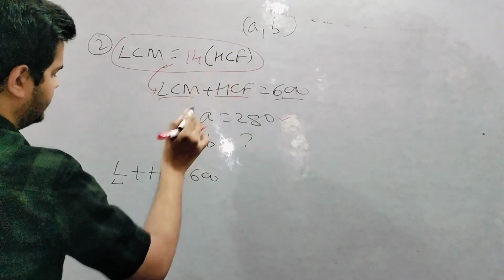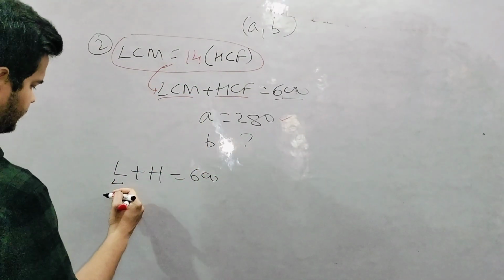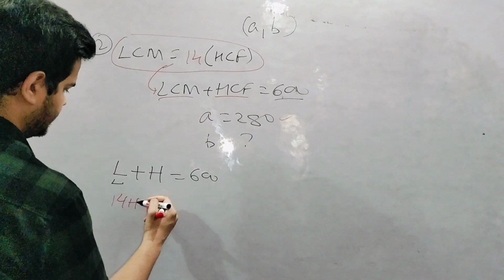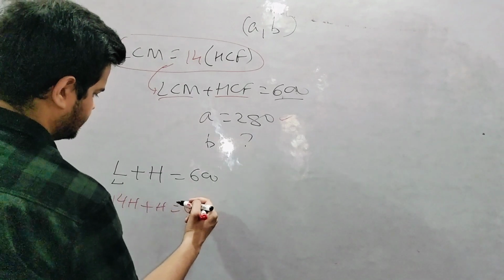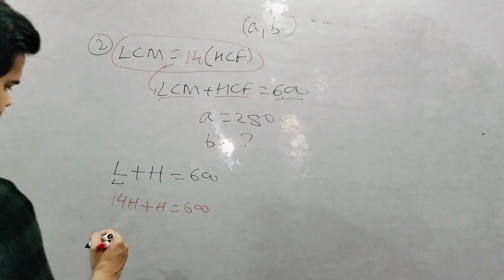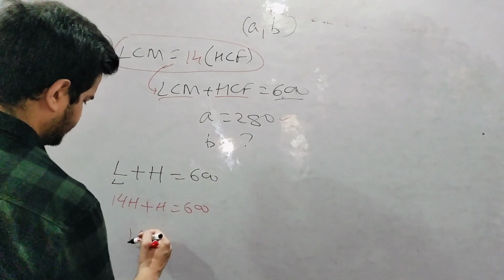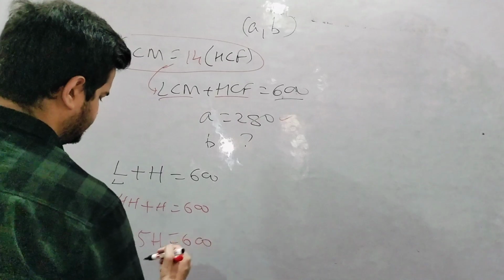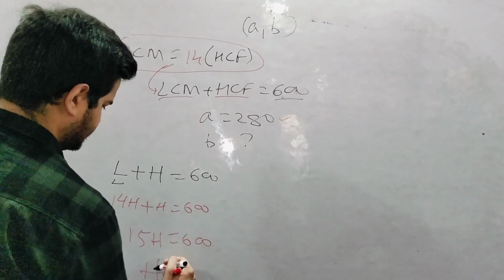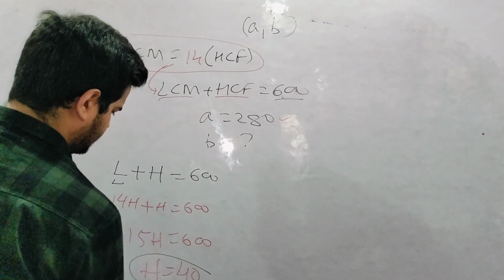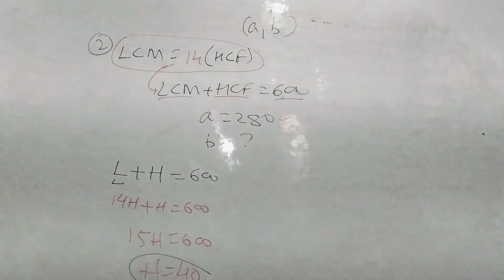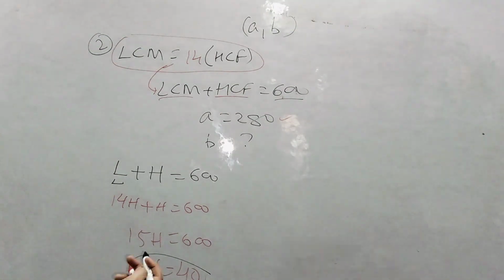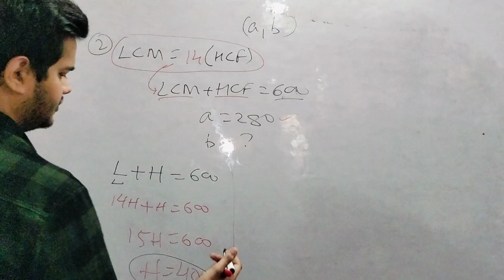It is 14 HCF, so this becomes 14 HCF plus HCF is equal to 600, so this becomes 15 HCF is equal to 600, so the value of HCF is coming out to be 40. इसका HCF 40 आ गया.